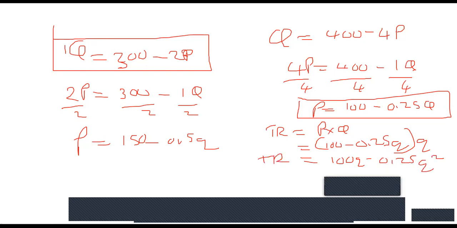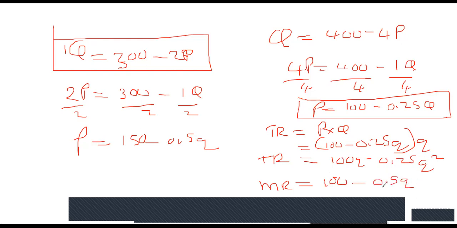Our marginal revenue, when you differentiate this, will be 100 minus 0.5Q. I always tell you that those of you who are weak with differentiation, just work from the price itself. The rule is simply, when you want to find the marginal revenue, it is A minus 2BQ.